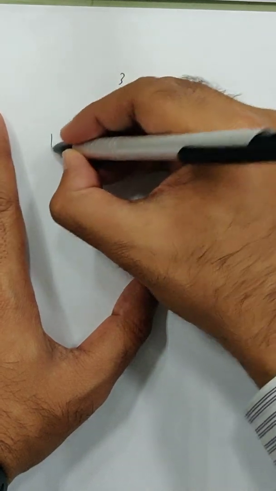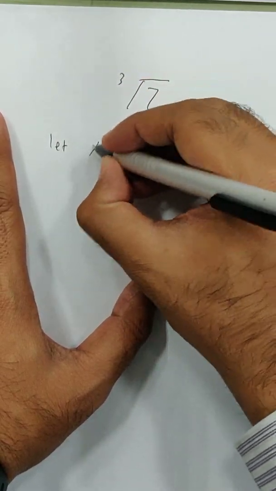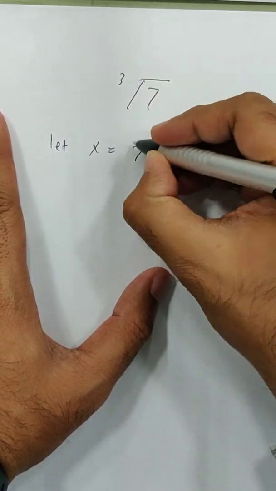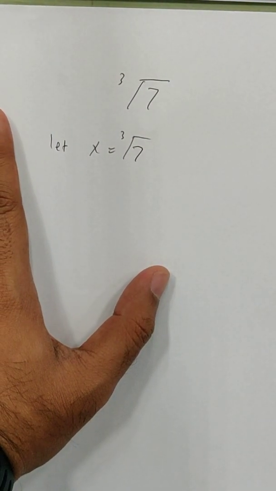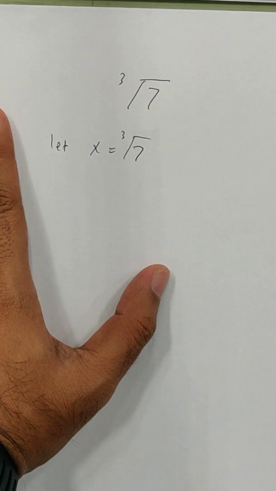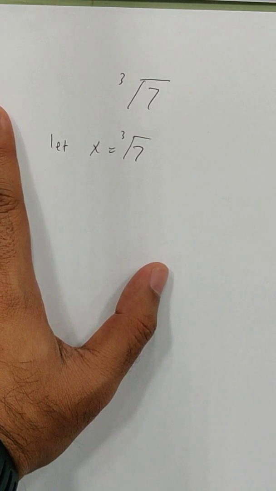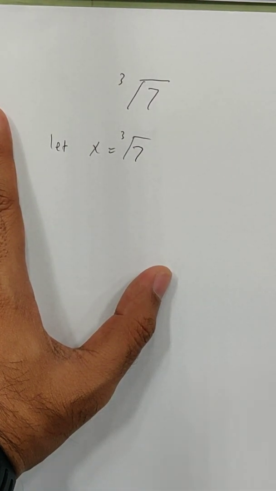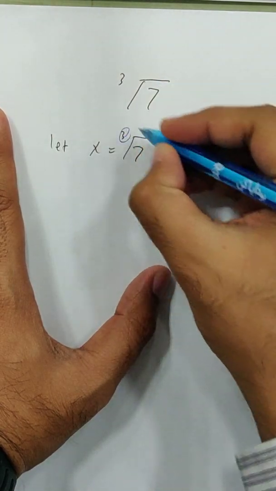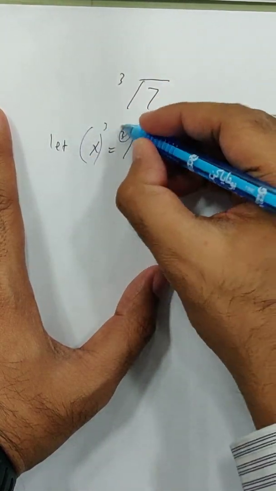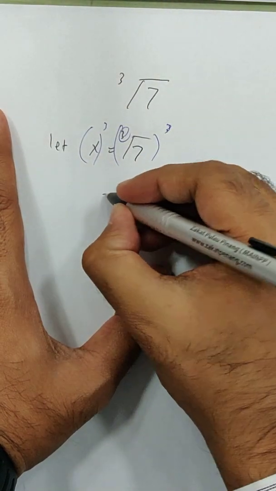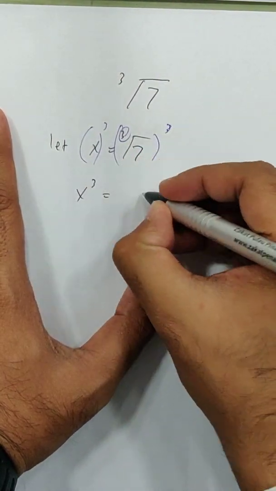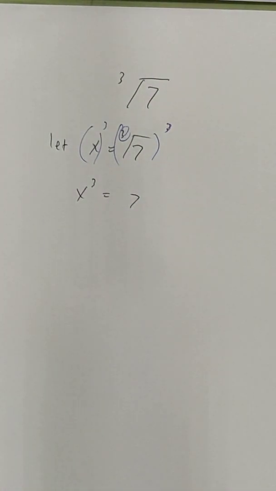So we say let x equals to cube root of 7. Okay? But normally we don't like cube root, so what do we do? We don't like this thing. So we cube both sides. We get ourselves x cubed equals 7. And now things have gotten similar.